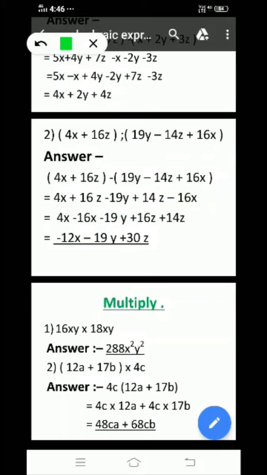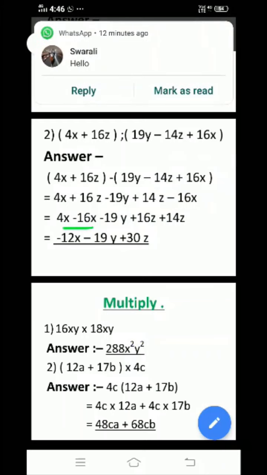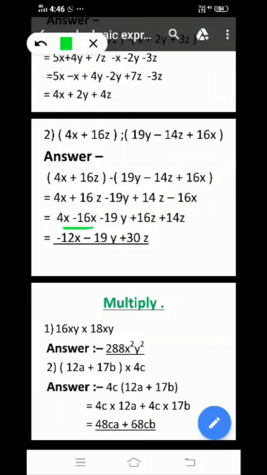Now collect the like terms. Our next step: 4x minus 16x. 4 minus 16 means there will be a subtraction, giving 12, and the sign of the bigger number, 16, is minus. Now minus 19y: there is no like term for y, so minus 19y will be as it is.